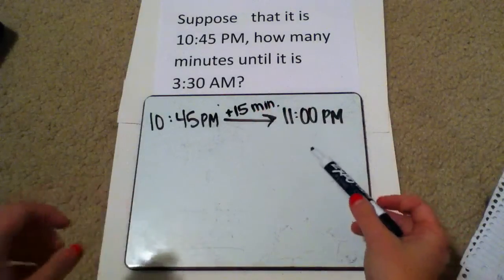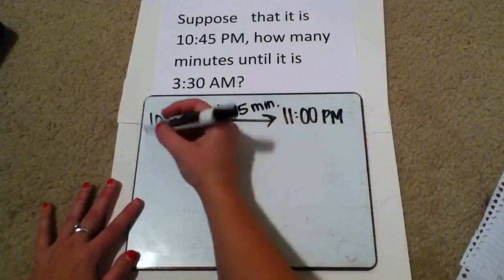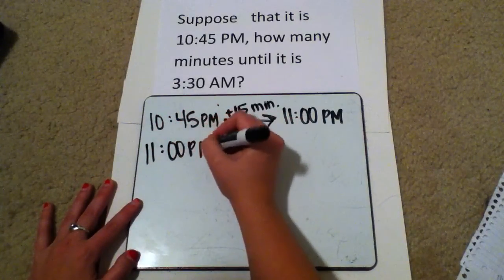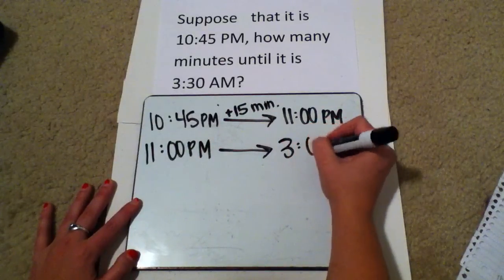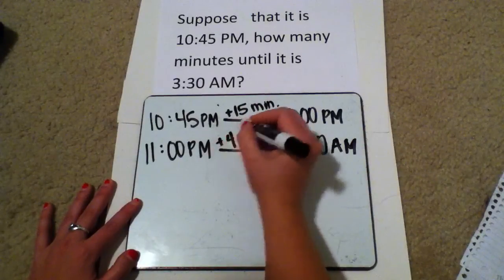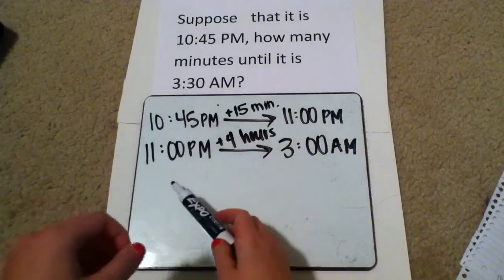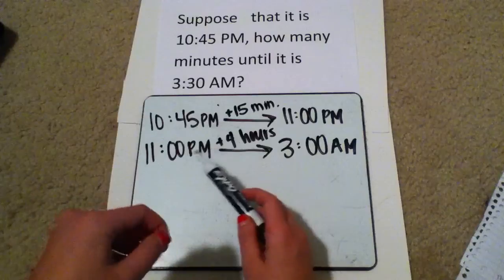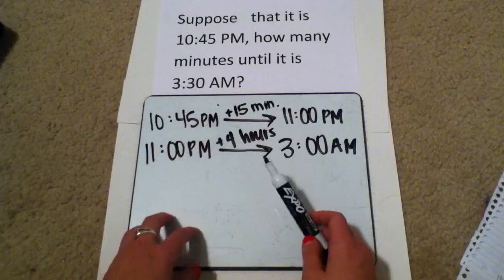Well, from 11 p.m., we can jump all the way to 3 a.m., and that's 4 hours. And the reason why I jumped from 11 p.m. to 3 a.m. and it was only 4 hours is because when it hits 12, it automatically starts all back over to 1 o'clock.